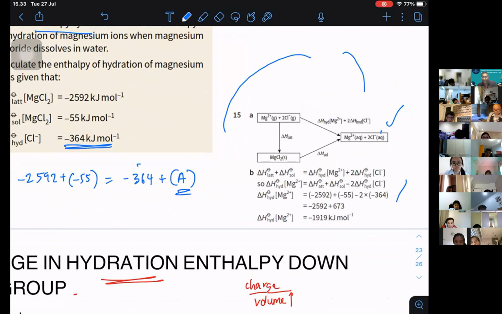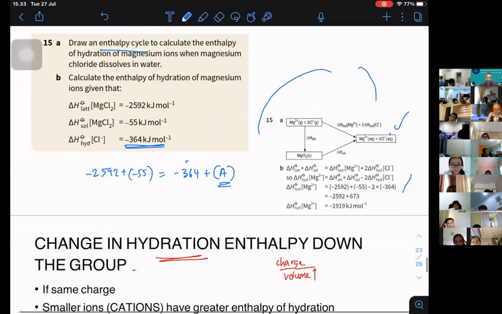You have 2 Cl. So I don't straight away follow, because MgCl2 has Mg2+ and then 2 Cl− gas. So you need to also consider that situation when you use the hydration. When you are using hydration, you are using 2 Cl−, so I still need to times this by 2.